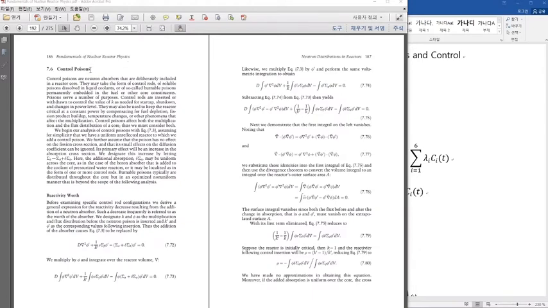Control poisons. What are control poisons? Control poisons are neutron absorbers that are deliberately included in the reactor core. That is, neutron absorbers that are included intentionally with purposes.